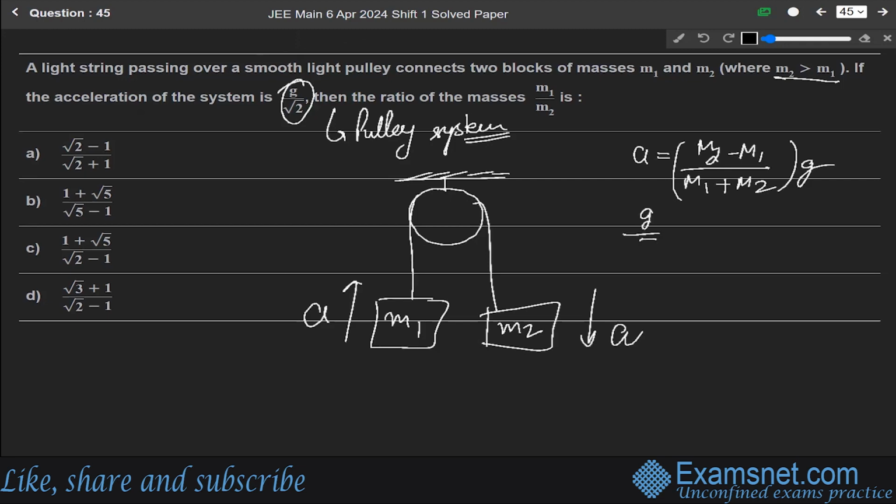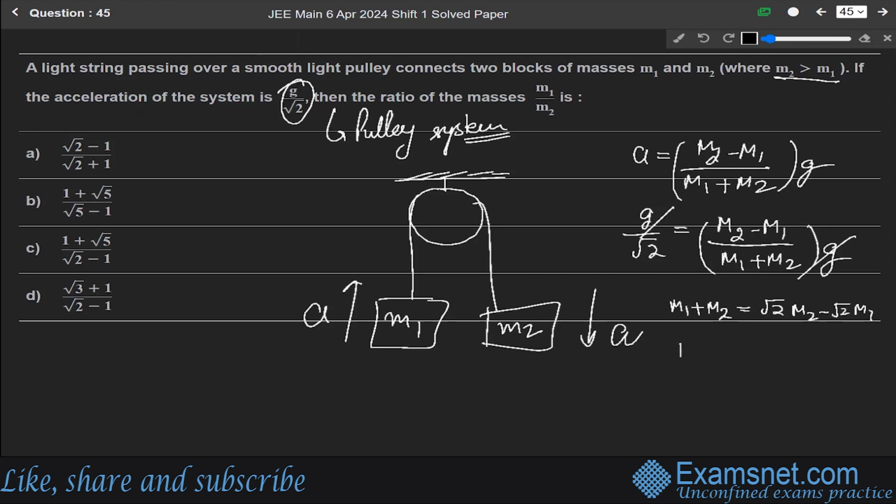So g by root 2 will be equals to M2 minus M1 over M1 plus M2 into g. So g cancels out. So we get M1 plus M2 will be equals to under root of 2 M2 minus under root of 2 M1. Solving it, we get M1 plus root 2 M1 equals to root 2 M2 minus M2.